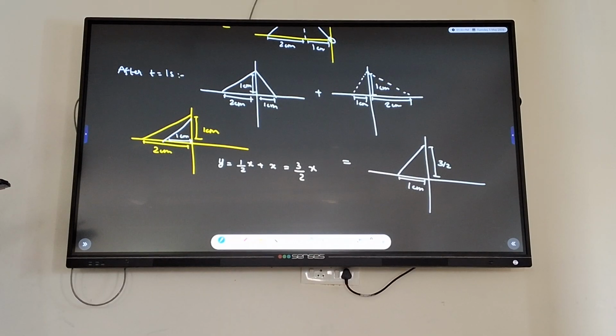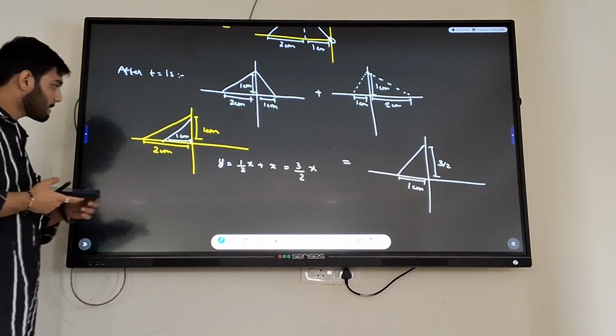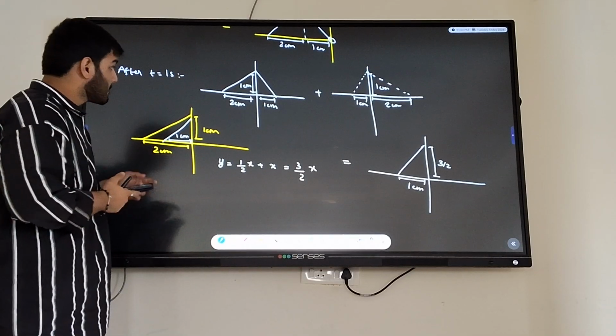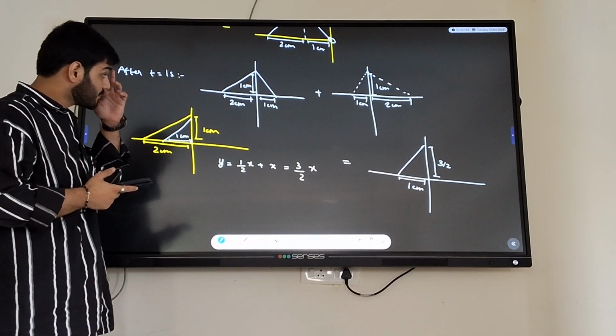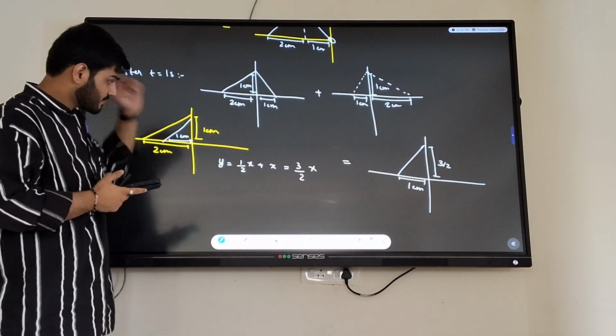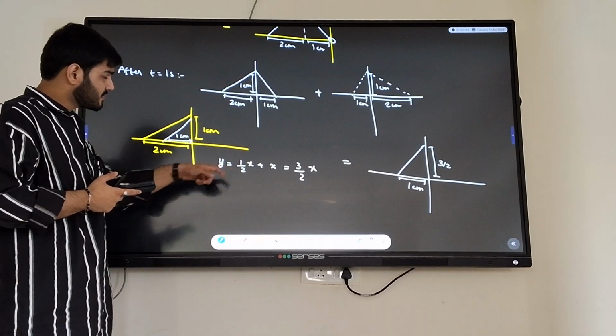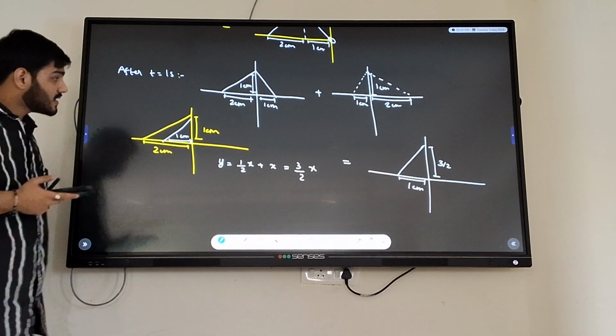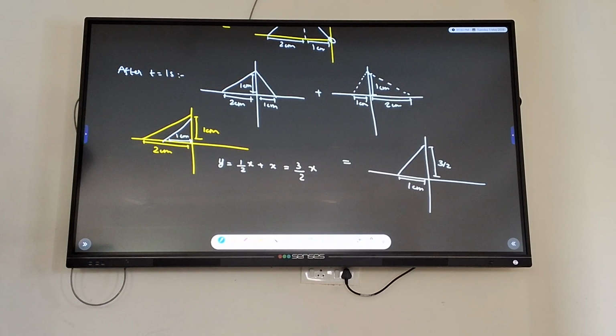Wait, I made a mistake. This is correct, huh? And the superposition should be that. Is there anything wrong here?